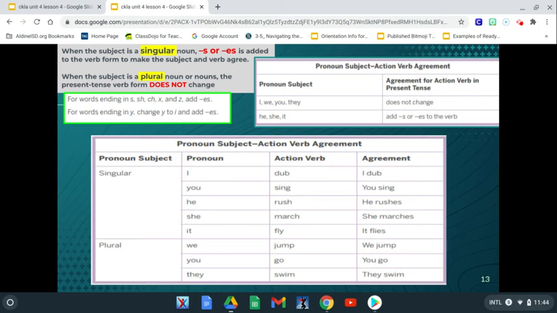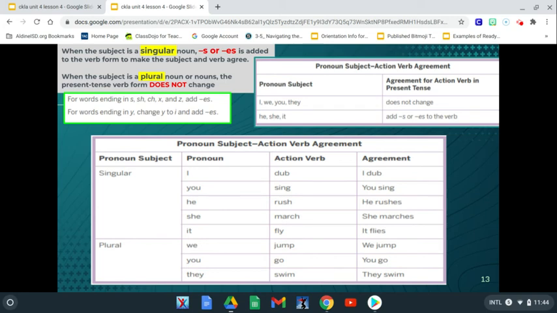So when you have a noun that's singular, you're going to add S or ES to that action verb that's attached to it. For example, if it says I walk, for present tense, you would say I walk, we walk, things like that. Okay, boys and girls. And then, what is the subject that's plural?